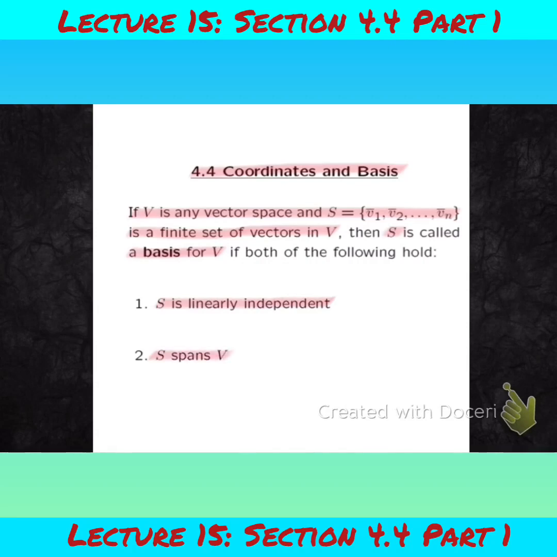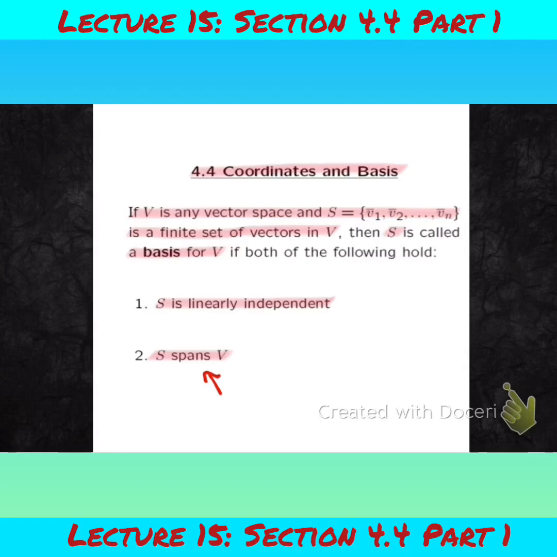So when I use the analogy of building materials, this is where the building material comes in, because if S spans V, it means I can use S to basically create V. What does it mean for S to span V?